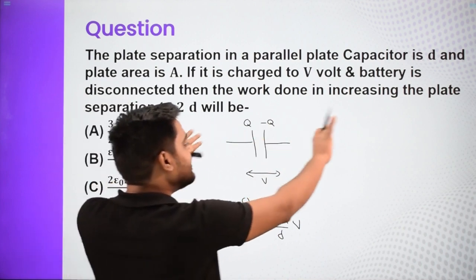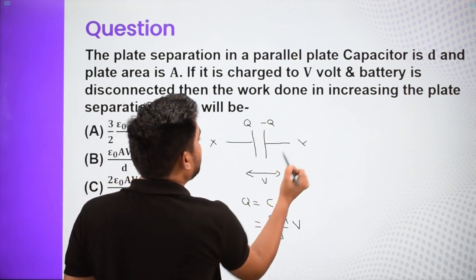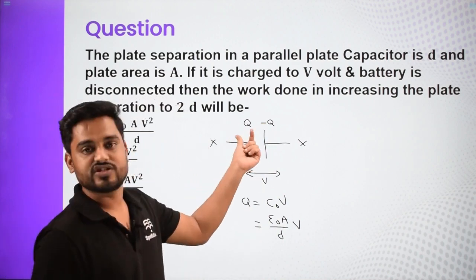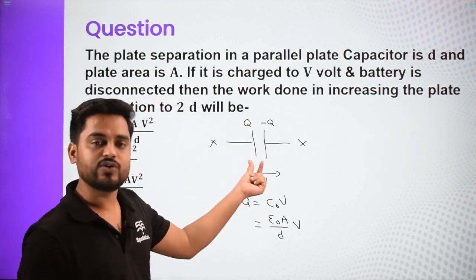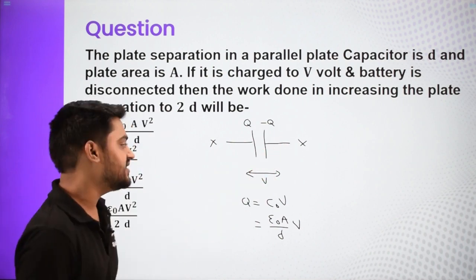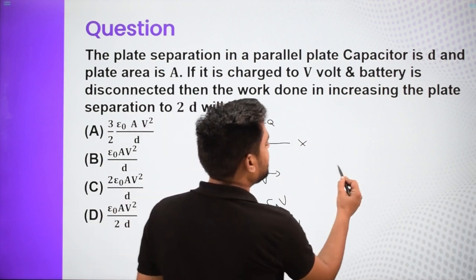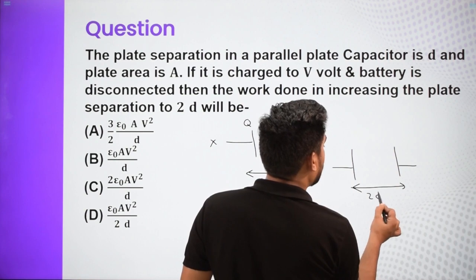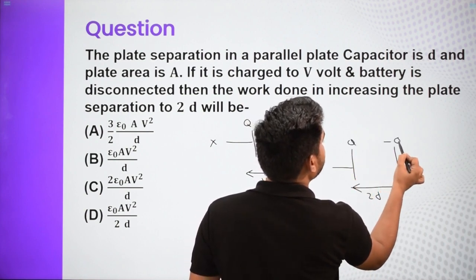Now if I separate them and it is disconnected from the battery, then this charge does not have any option to change. So the charge on this plate will remain Q and the charge on this plate will remain negative Q. So charge will remain the same, that is fixed. Just the separation is becoming twice. So when this separation becomes 2D, the charge is still Q and minus Q on them.